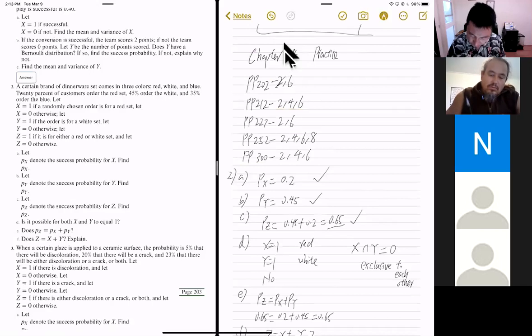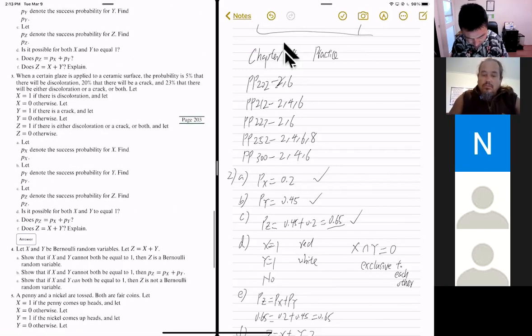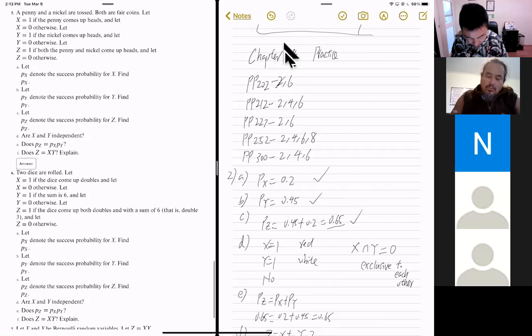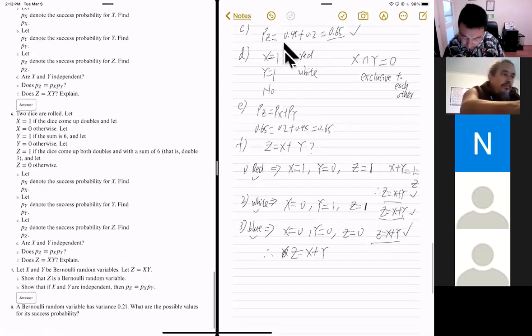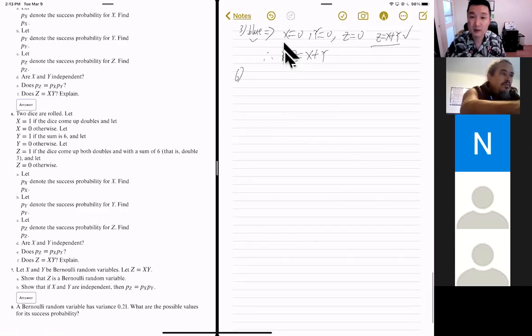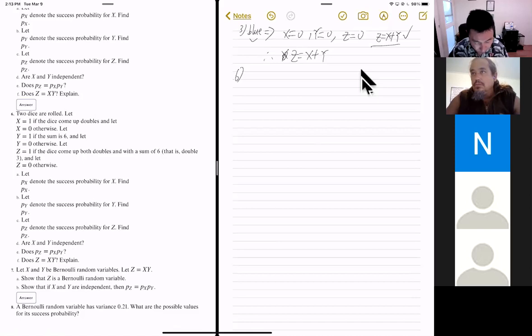Question number 6. So 2 dice are rolled. So we have 2 dice.